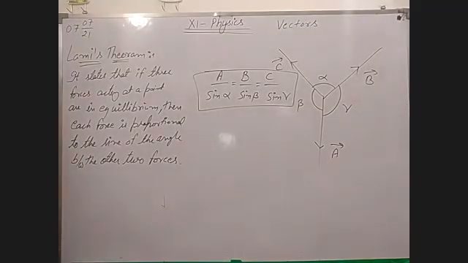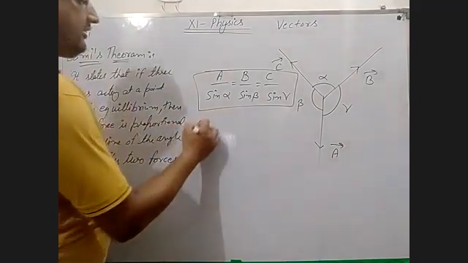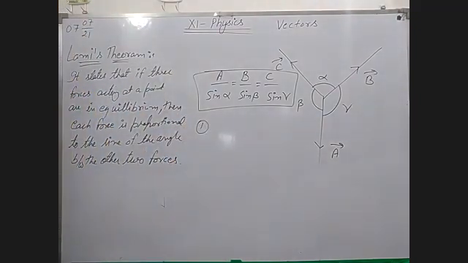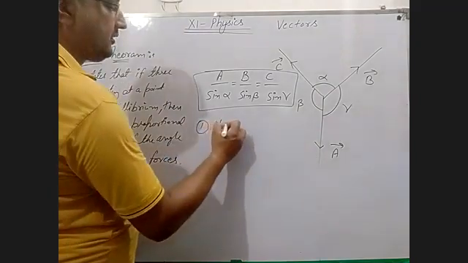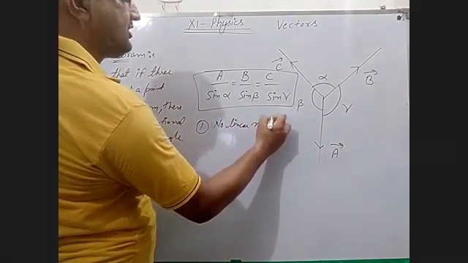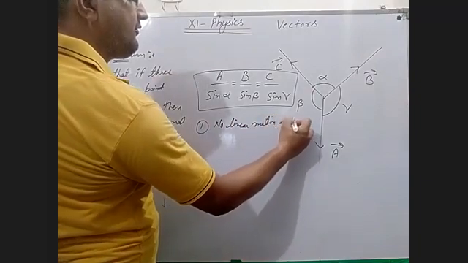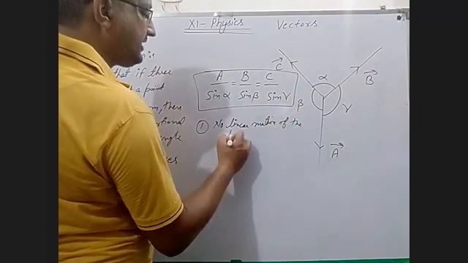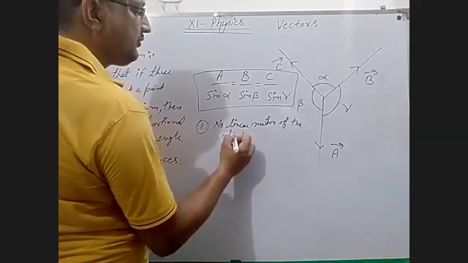Now, the condition for equilibrium of an object. Do you know the meaning of equilibrium? Equilibrium is that in which there is no linear motion of the object, meaning the object can't move in this situation.